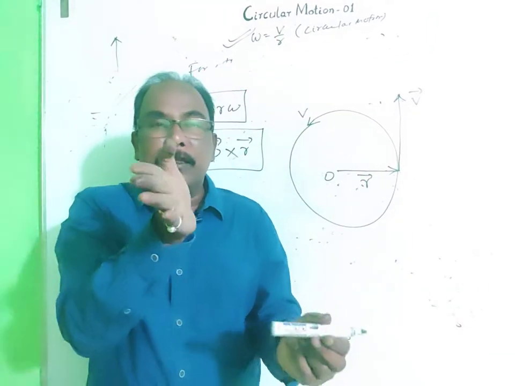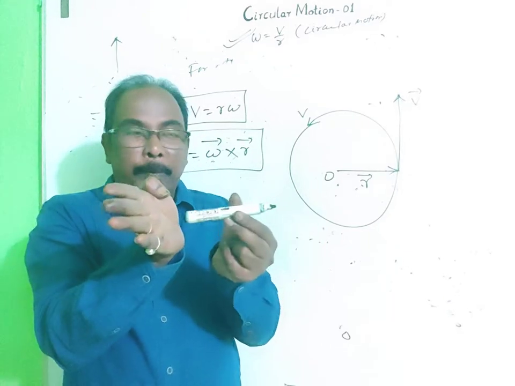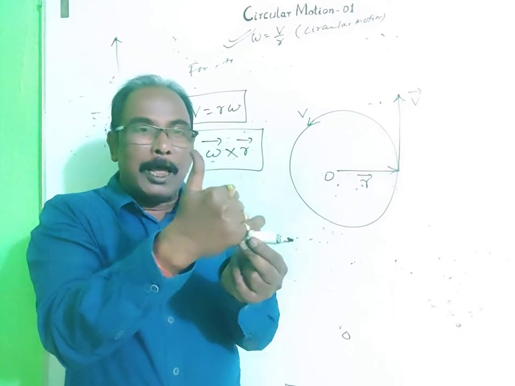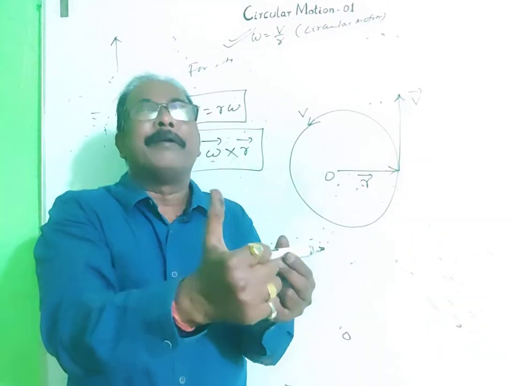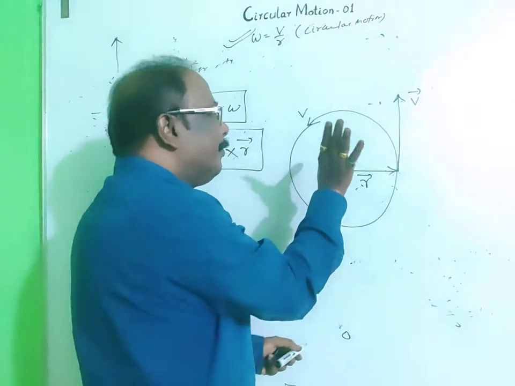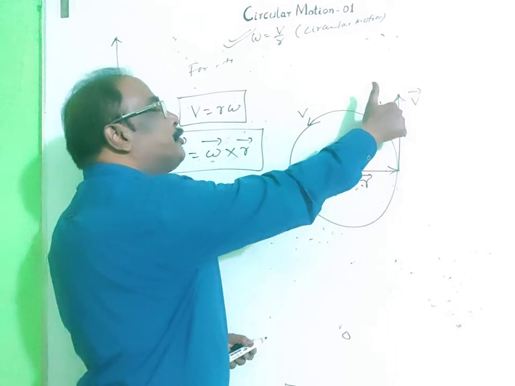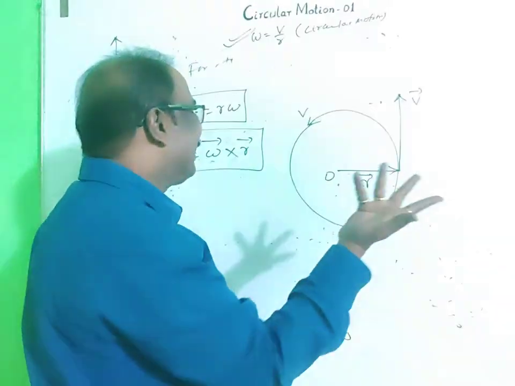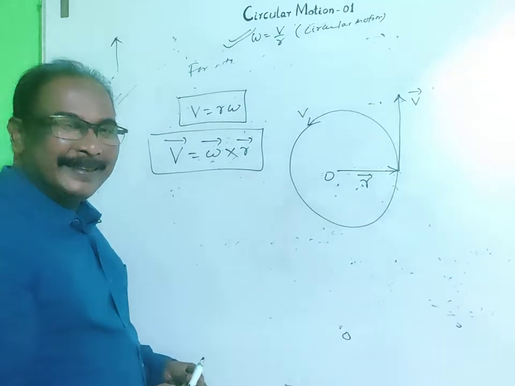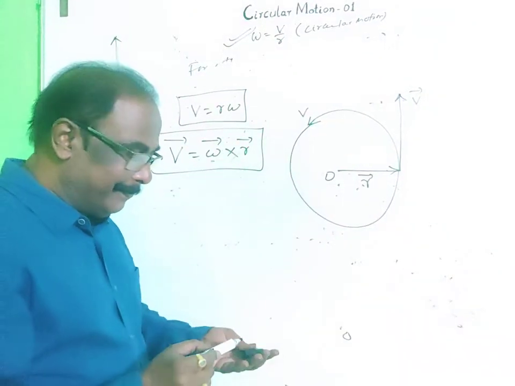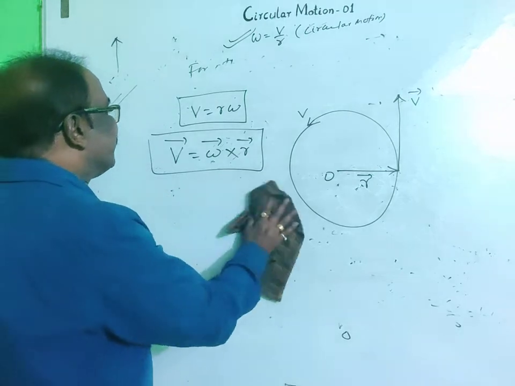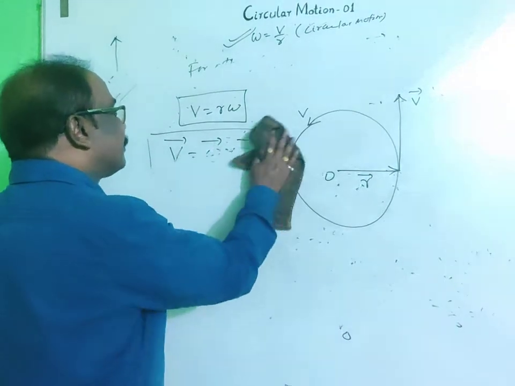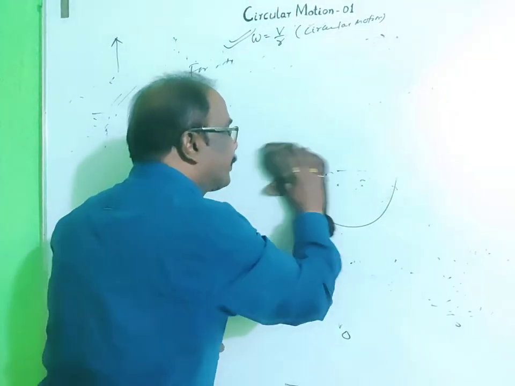Omega is outward, and this is the direction of r. Omega cross r is tangential. Omega cross r is v, and the angle between them is 90 degrees. This is the vector form of linear velocity: v is equal to omega cross r. Omega is angular velocity. Okay.